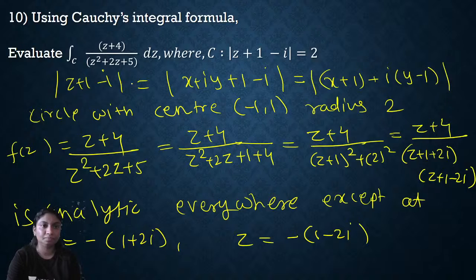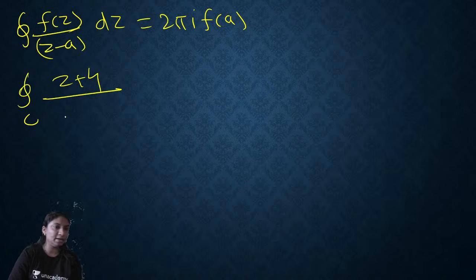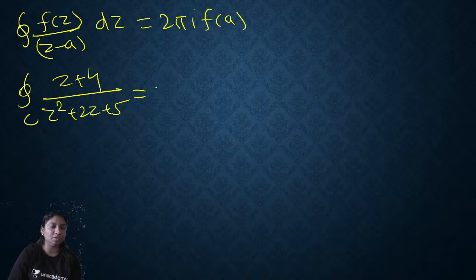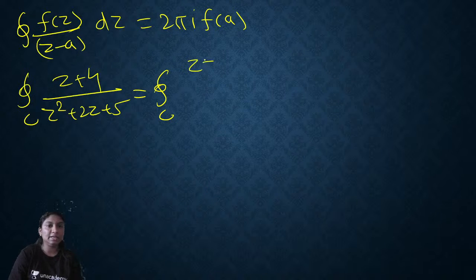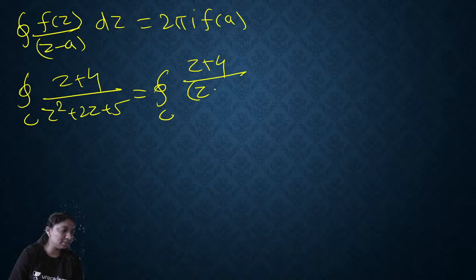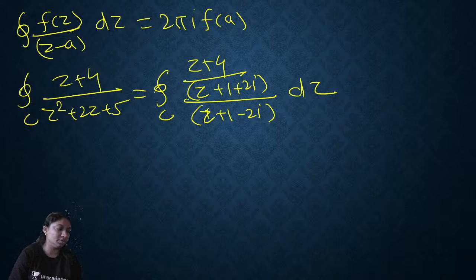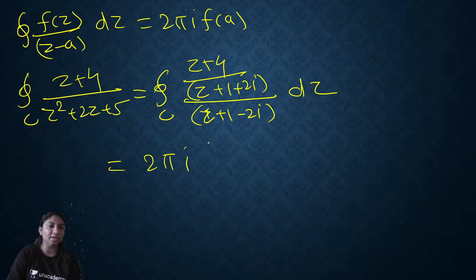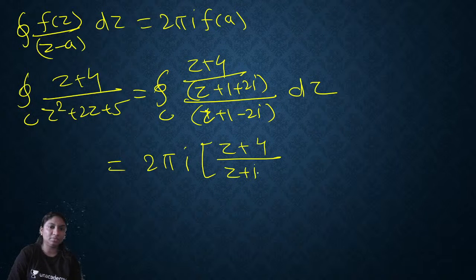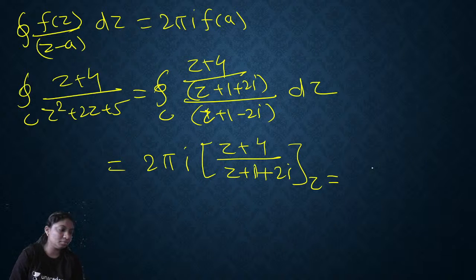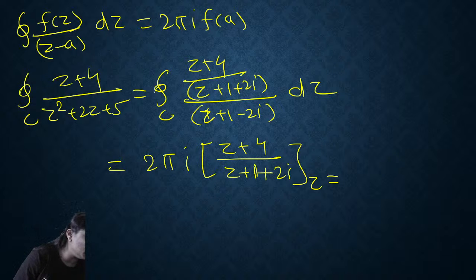So the integral over C of z plus 4 upon z squared plus 2z plus 5 dz, which is the closed integral over C of z plus 4 upon (z plus 1 plus 2i)(z plus 1 minus 2i) dz, is equal to 2 pi i into f(z) = z plus 4 upon z plus 1 plus 2i at z equal to minus 1 plus 2i.